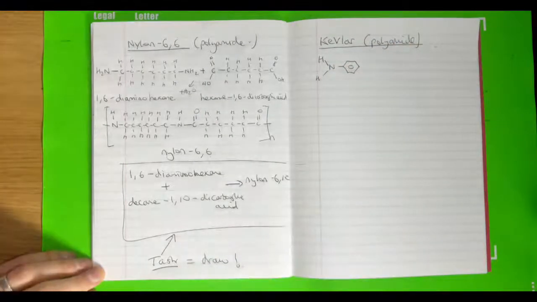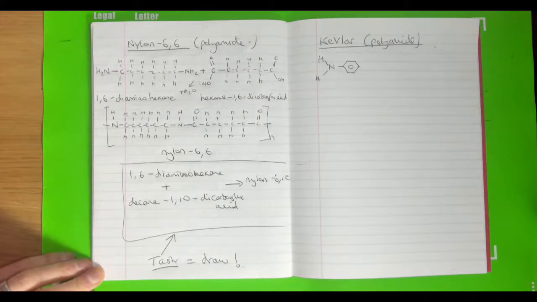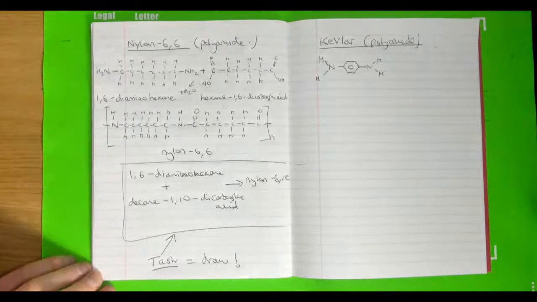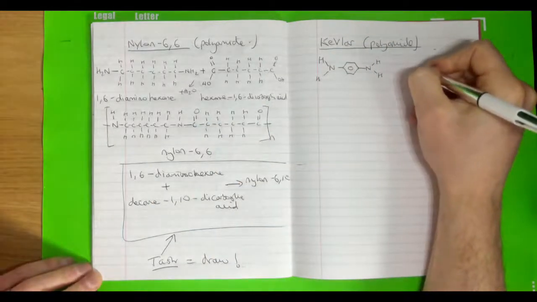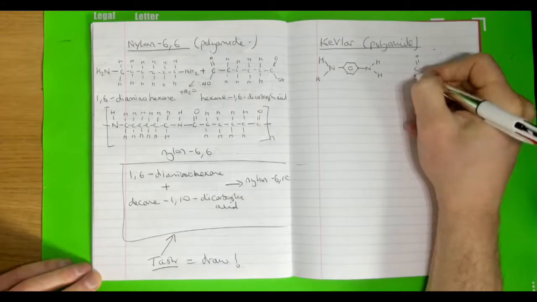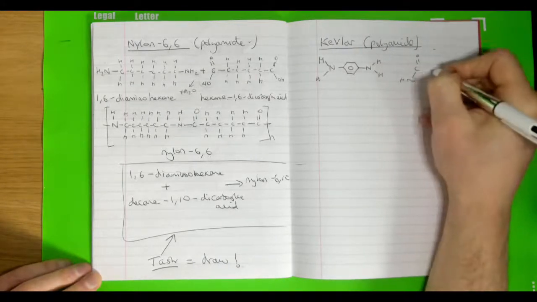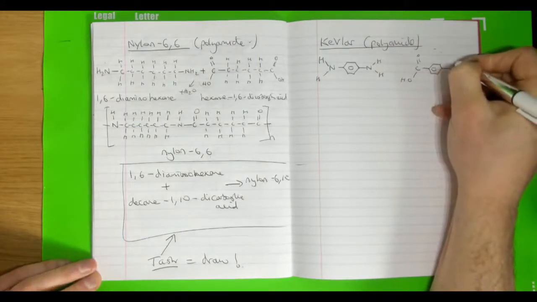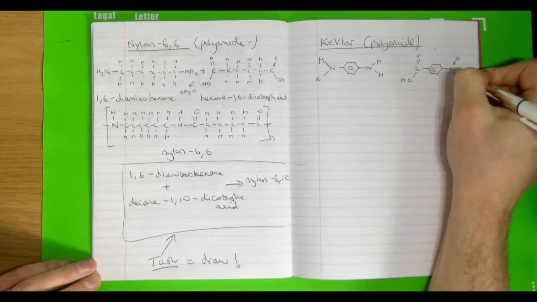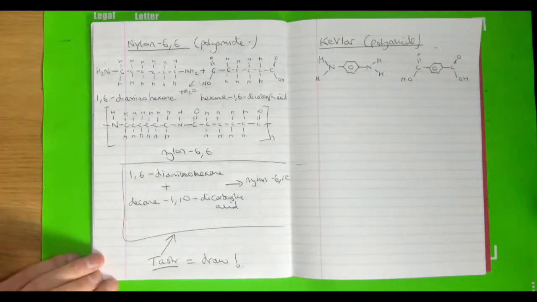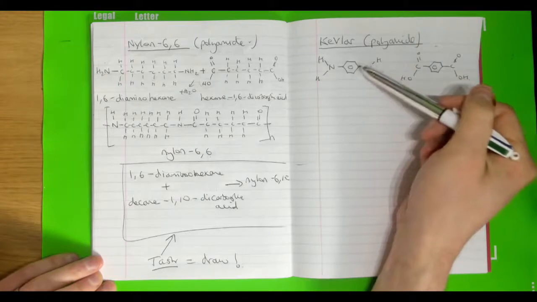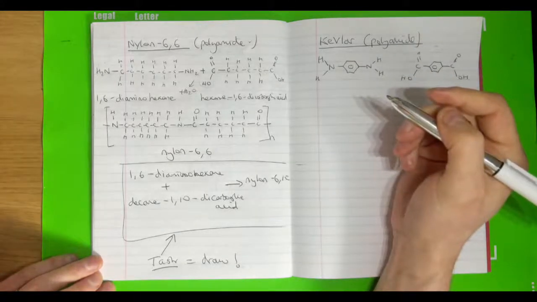So that there would be an amine, therefore that is a diamine. We've got a dicarboxylic acid there. Let's name these. We've got a benzene ring in the middle here, and then an amine group coming off at carbon 1 and carbon 4. So it's benzene 1,4-diamine.